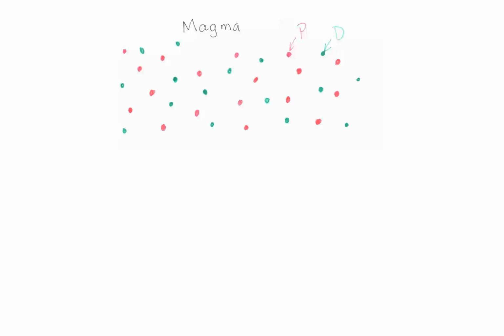Well, let's say this magma begins to cool and we start to have minerals crystallize out of the magma. That's how the igneous rocks form. Let's say we have a mineral that's crystallizing out of the magma, and it's only those parent radioactive isotope atoms that are the right size and the right charge that they can fit into the crystal structure of this mineral that's forming during the crystallization process.